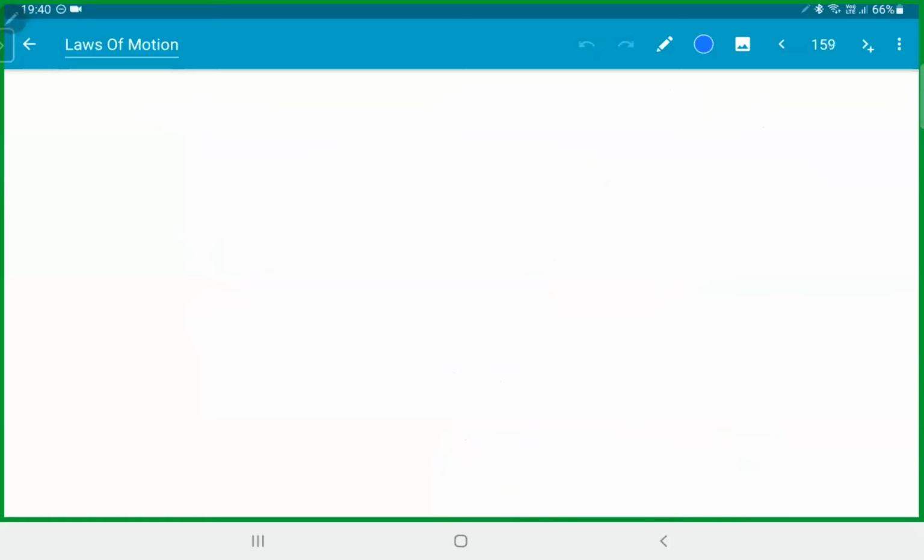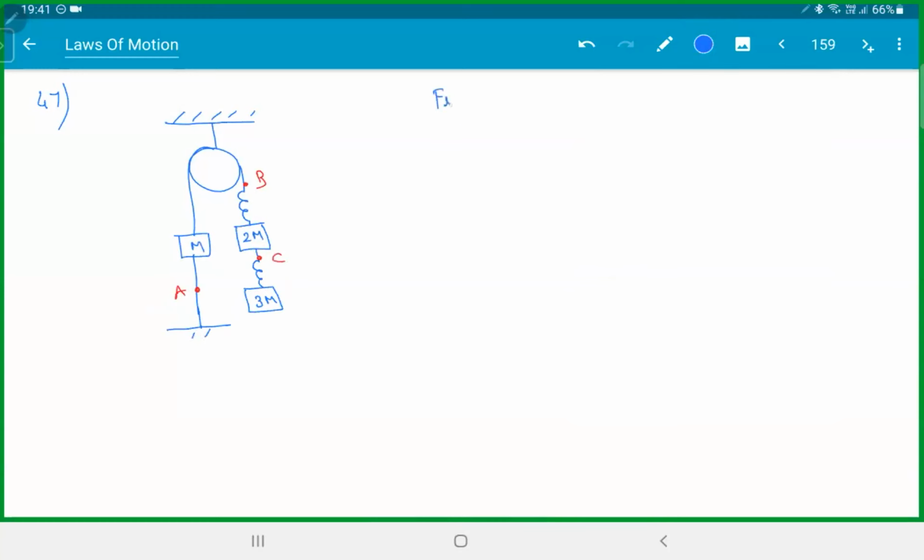Let's see a similar one, slightly more complex. This is point A, this is point B, and this is point C. Find the acceleration of the blocks when it is cut at A, B and C. Similar question, but I just made 3 points and 3 blocks.